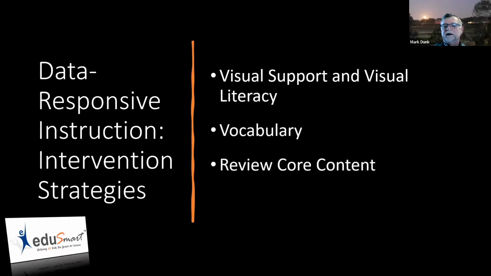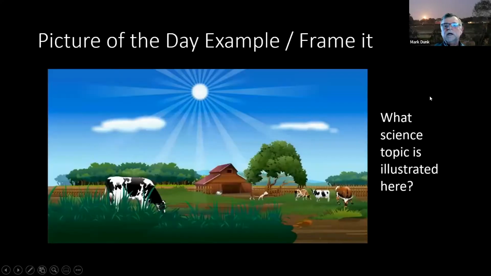So the areas that we'll look at here are visual support, vocabulary, once again with our Word Explorer, and then some sample ideas for content core review. The picture that you're seeing here is actually a screenshot from one of our instruction modules.